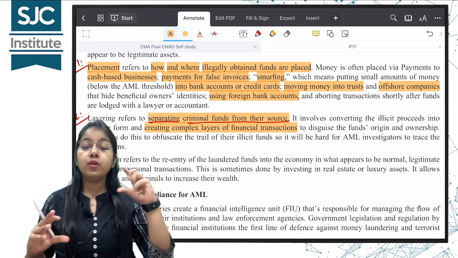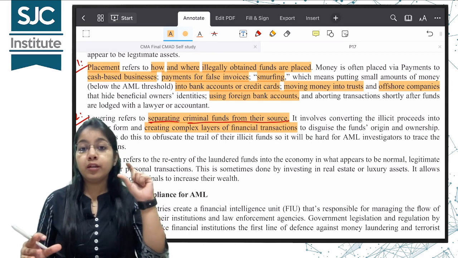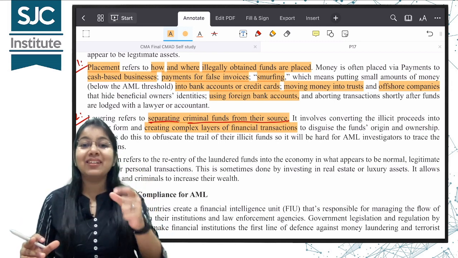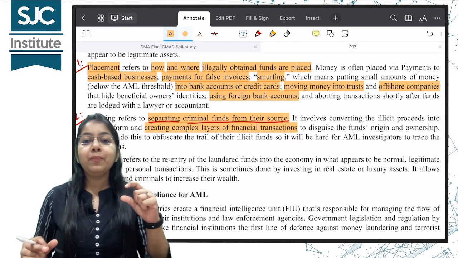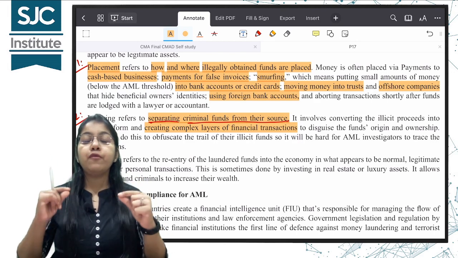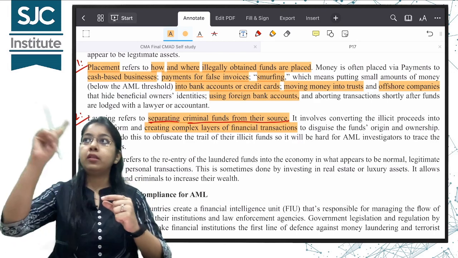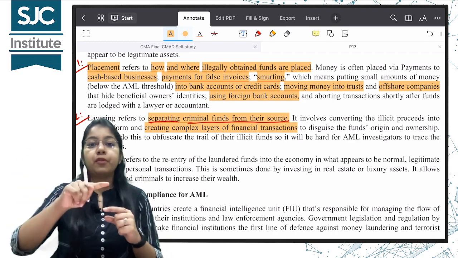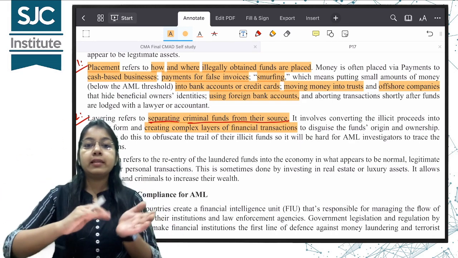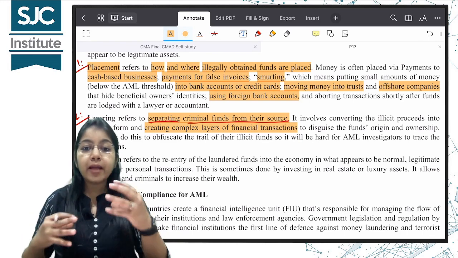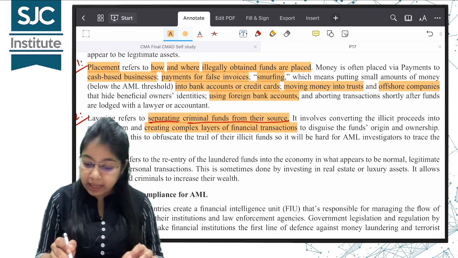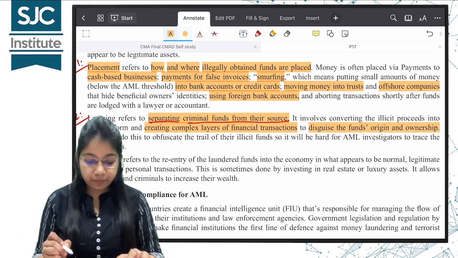So the criminals, not you, they cleverly layer with the help of complex transactions. First in this company, then this company is the parent company of another company, transferring funds there, like this, creating complex networks of transactions to disguise the funds' origin and ownership.